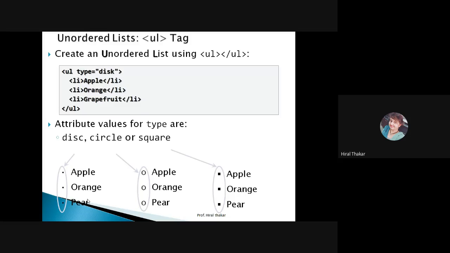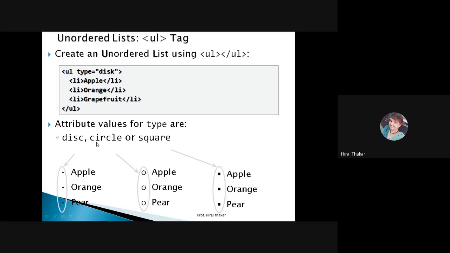There won't be any number or alphabetical order, there won't be any sequence. So for that we have to take the UL tag, and type will be the name of the symbol that you want to show before the list item.